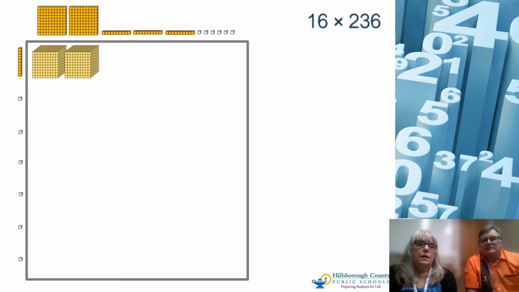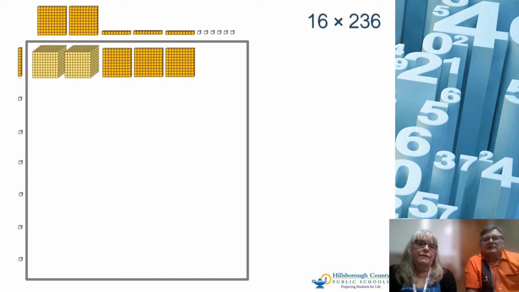2,000, yes. And then I'm going to multiply my 10 groups of 30s, 10 groups of 3 tens, which would be 300. And finally, I'm going to multiply my 10 groups of 6 ones, which is going to give me 60, or 6 tens.